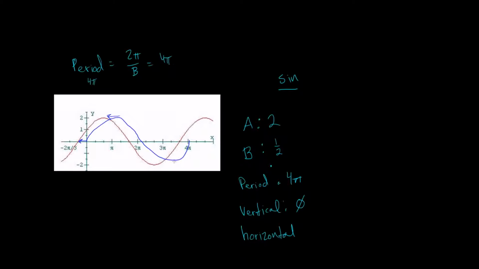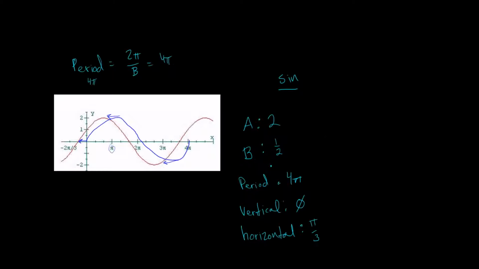It originally looked like this, but now it looks like that. So it got shifted to the left. Well, how much did it get shifted to the left? I can say it got shifted over 1 tick mark, and we see that 3 tick marks is equal to pi. So 1 tick mark is equal to pi over 3. So I got shifted 1 tick mark to the left. So that is my horizontal shift.